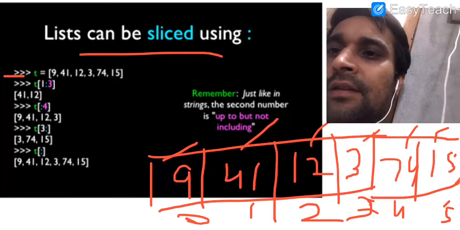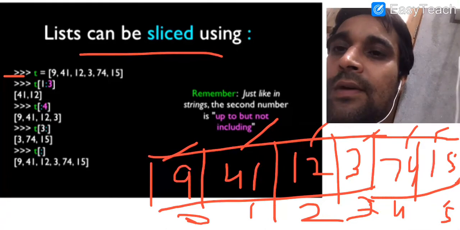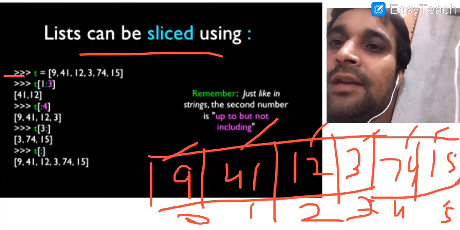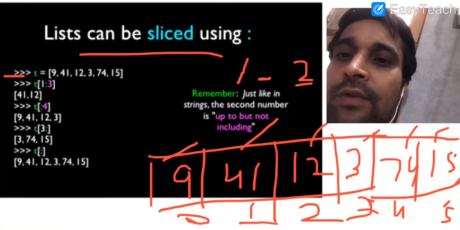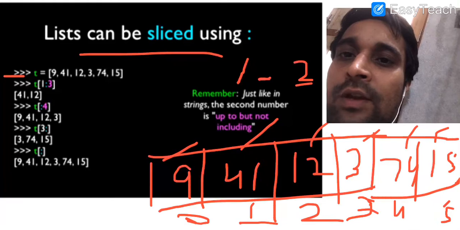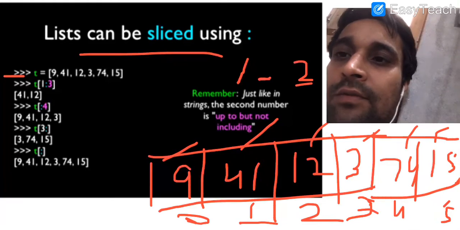We have written T[1:3]. 1 colon 3 returns a list with elements from index 1 to 3 minus 1, that is 2. At index 1 the value 41 is saved, at index 2 the value 12 is saved.